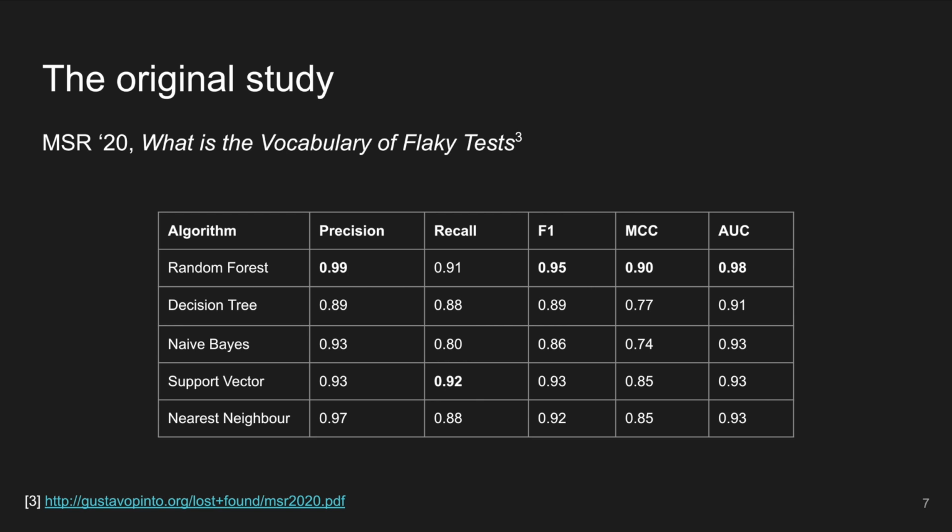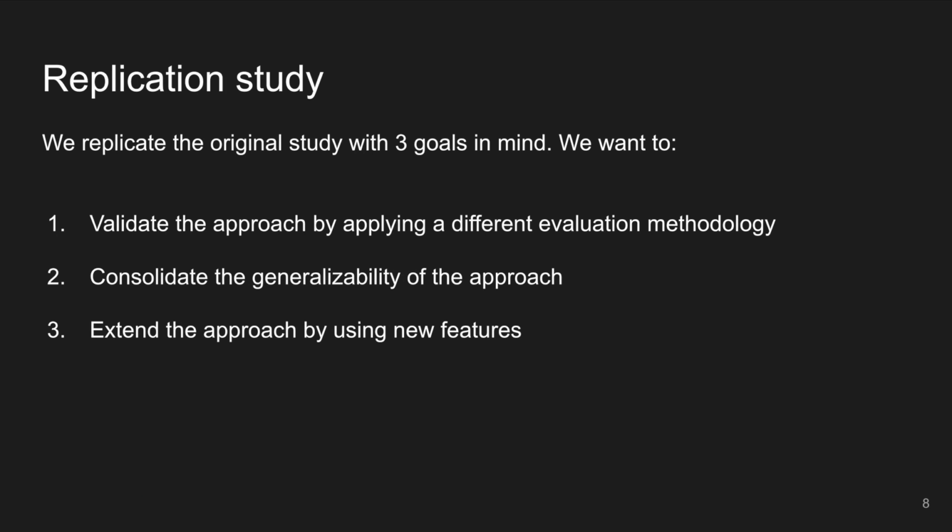In the original study, What is the Vocabulary of Flaky Tests, which was published in MSR last year, the authors focused on the vocabulary linked to flakiness. They showed that great performances could be obtained in detecting flaky tests. In our work, we replicate the original study with three goals in mind. We want to validate the approach by applying a different evaluation methodology that is more appropriate to the use cases we envision.